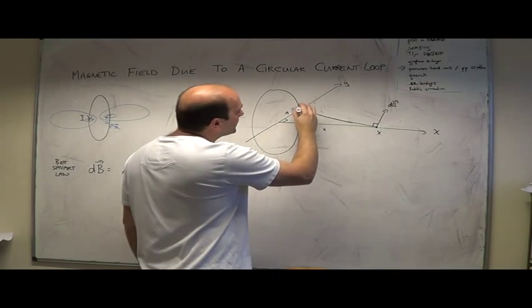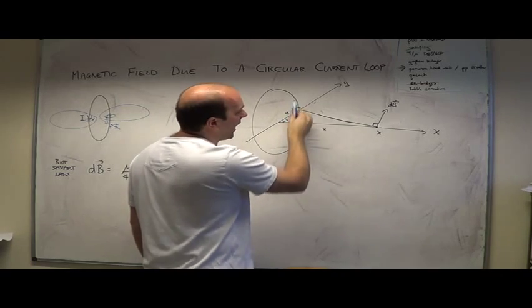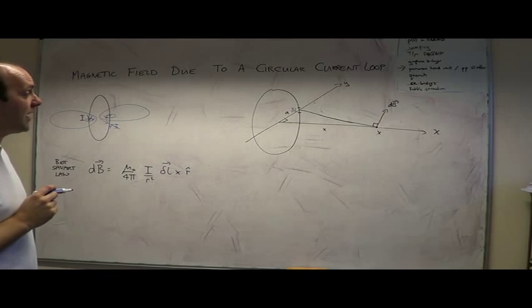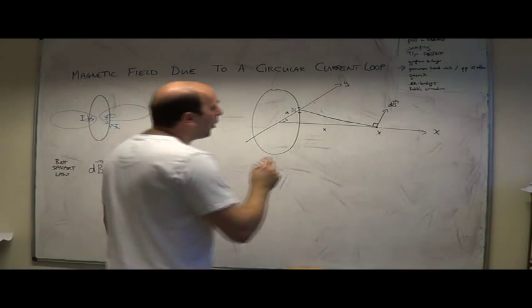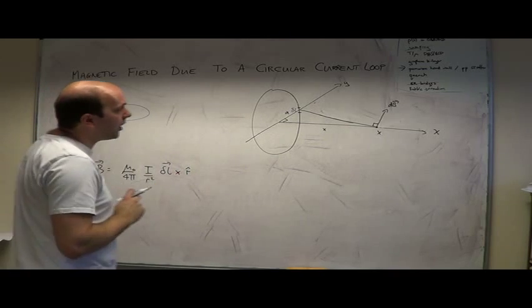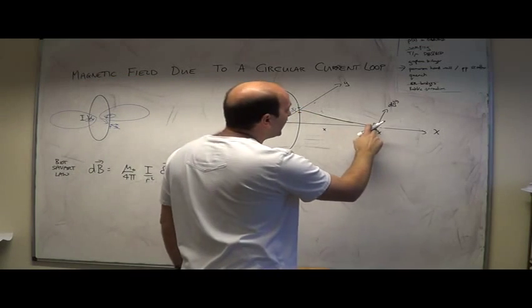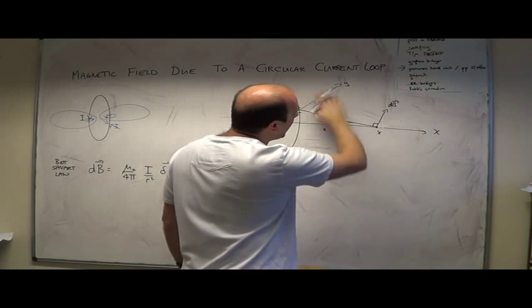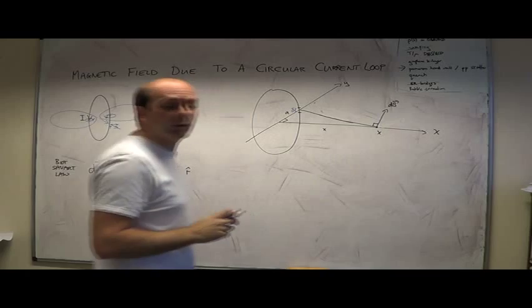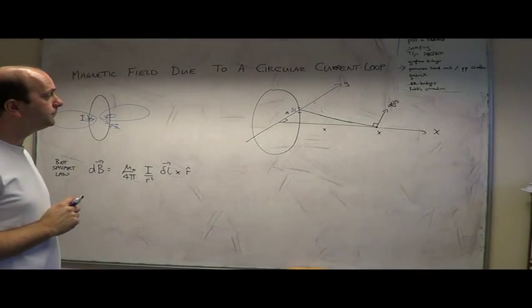Well, delta L is pointing out of the xy plane, so that means that our magnetic field will be in the xy plane. And furthermore, the cross product will be at 90 degrees to r hat, and that's along this line here. So here's the resultant B lying in the xy plane at 90 degrees to this line between x and delta L.